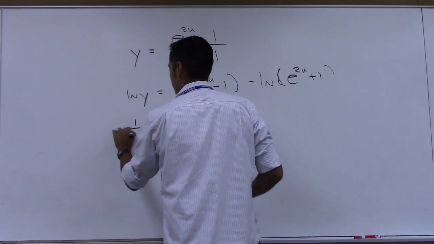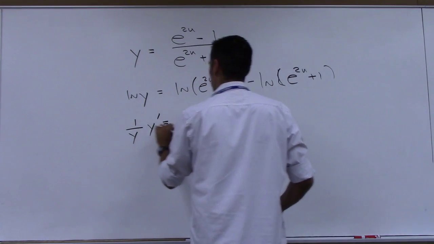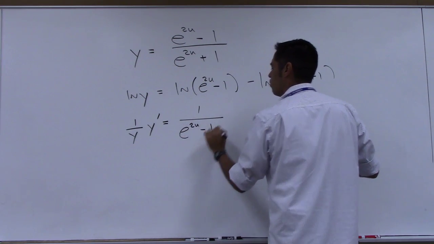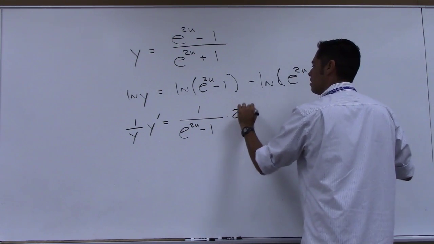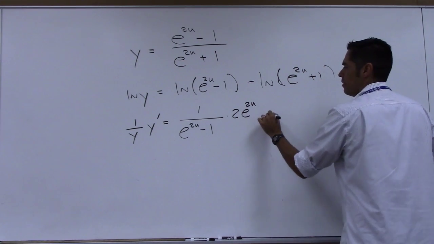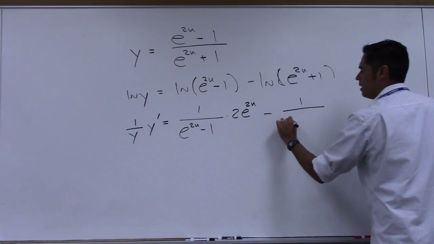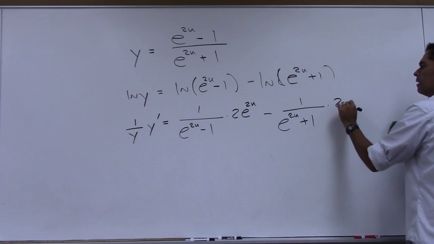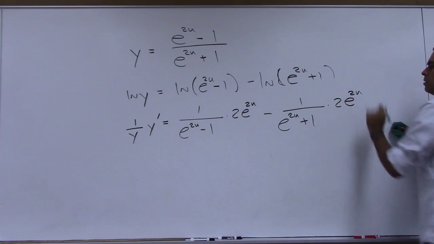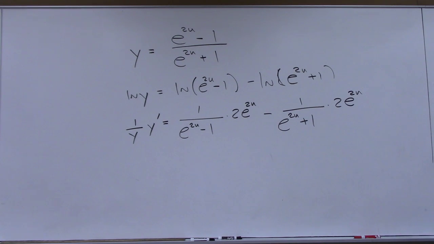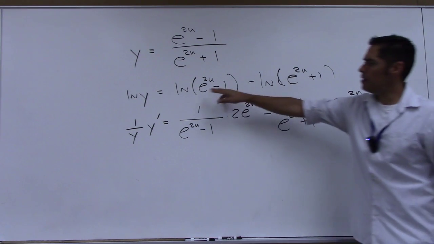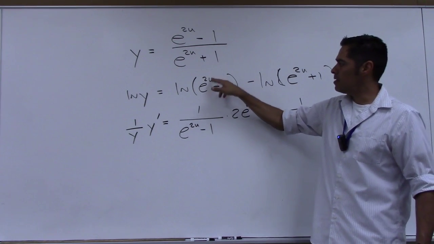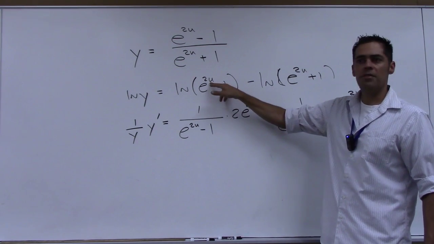Then I take the derivative: 1 over y prime equals 1 over e to the 2u minus 1 times 2e to the 2u, and then minus 1 over e to the 2u plus 1 times 2e to the 2u. That look good to you? Derivative of this is 1 over itself times derivative of this. Derivative of this is itself times derivative of what's up here, which is 2.